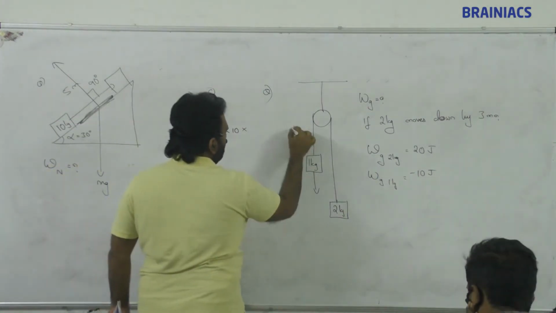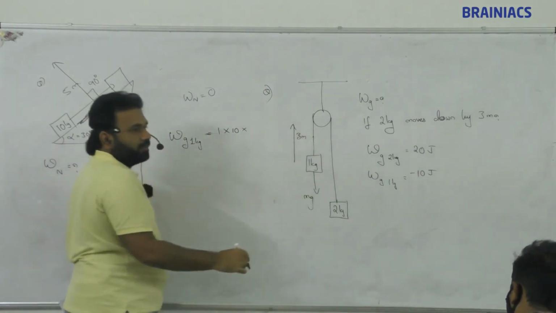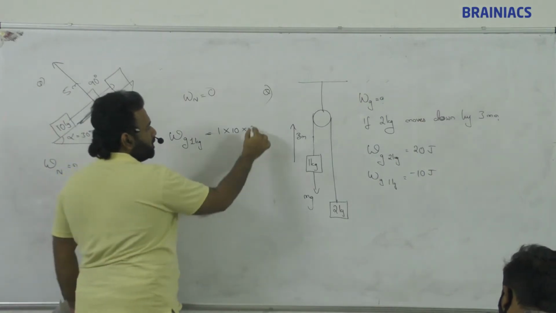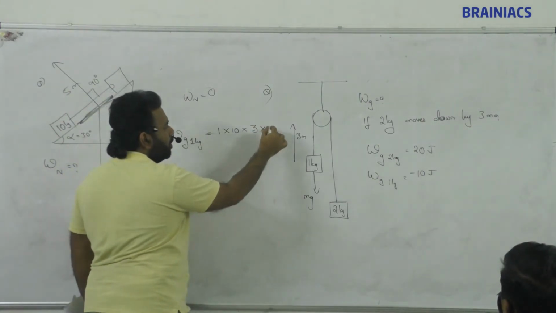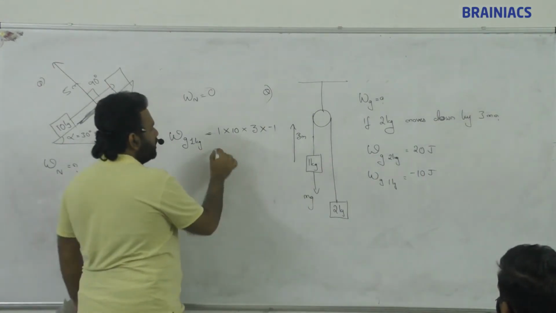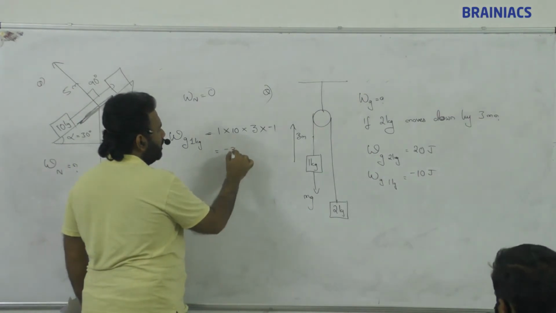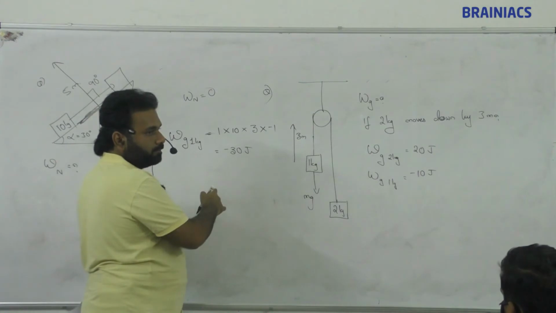This will move up by 3 meter. This will be the direction of mg. So this is going to be 3 into 10 into cos 180, which is minus 1. So this is going to be minus 30 joule.